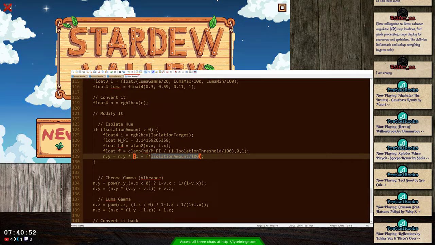But now I'm scrolling through the threshold numbers, and it's only getting rid of blue. Which, admittedly, is cool, but it's treating the isolation target as red and doing a bad job of everything.